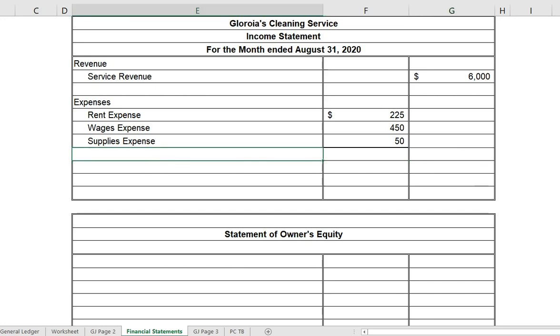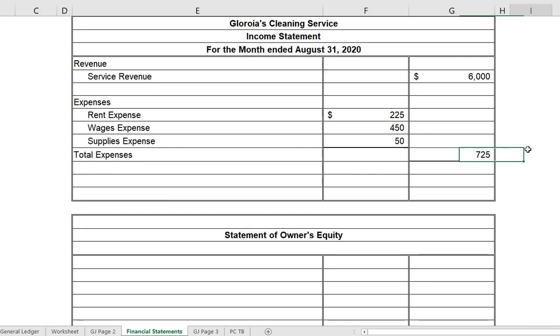And now we have total expenses. And our total expenses is the sum of these three numbers, $725. Okay. And so we're going to put a bold line there. So now I have my revenue and my total expenses.